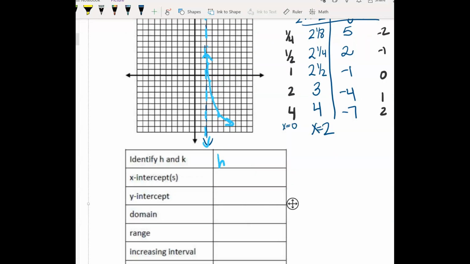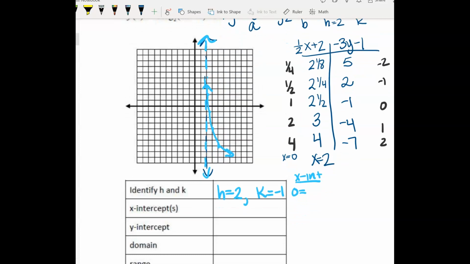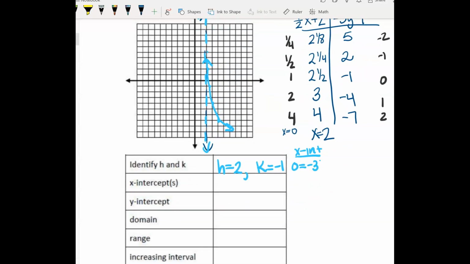So from here, our h values and our k values. So we shifted 2 to the right for our h value, and our k value shifted things down 1. Our x-intercept did not show up in the table. So again, to find the x-intercept, you would set y equal to 0 and write the rest of that equation.